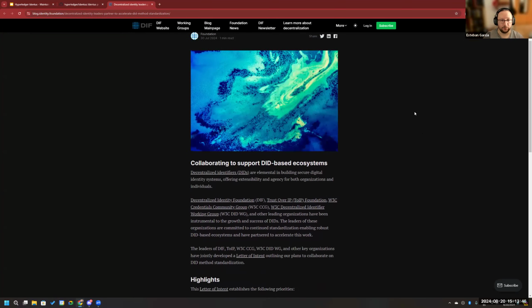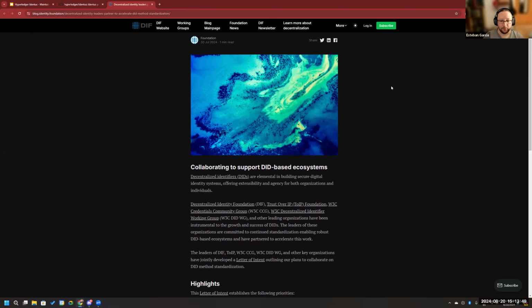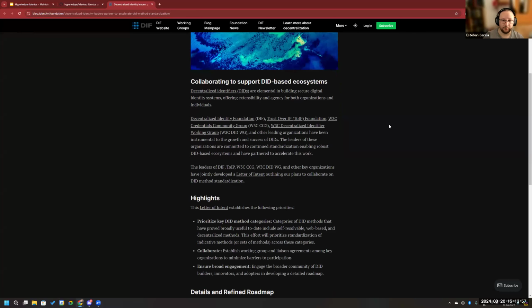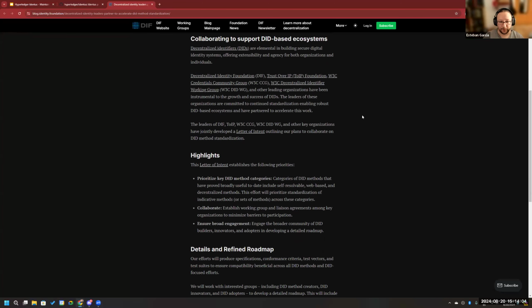Hopefully this will lead to something that is more interoperable, because that has always been a challenge in the SSI space. And I believe that the problem originates from the DIDs themselves, like the DID methods are pretty much all over the place. So there is that initiative.